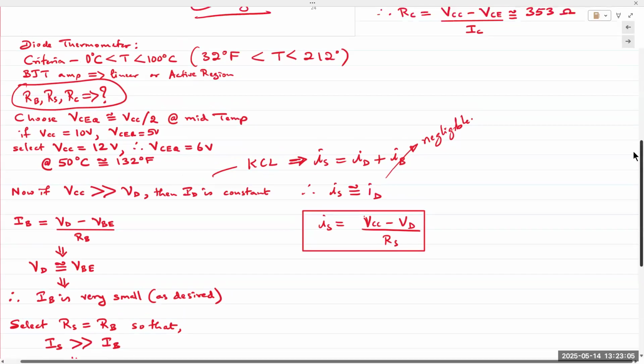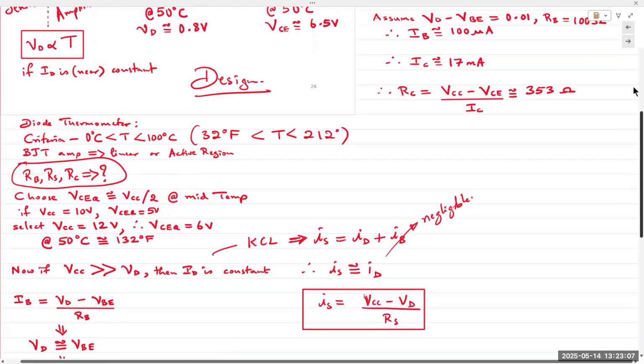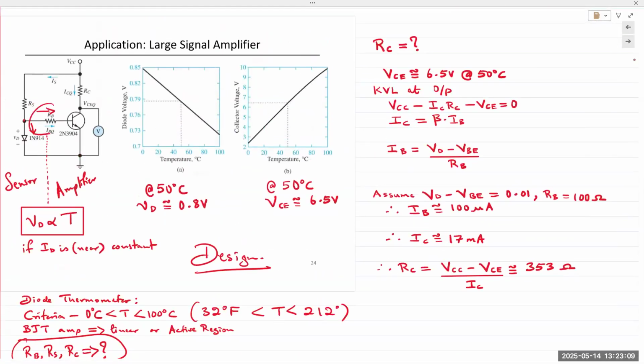Now, IB is the base current that is going into the transistor, the BJT. Our design requires that we bias it in the active mode. If we bias it in the active mode, then the base-emitter voltage VBE is 0.7.